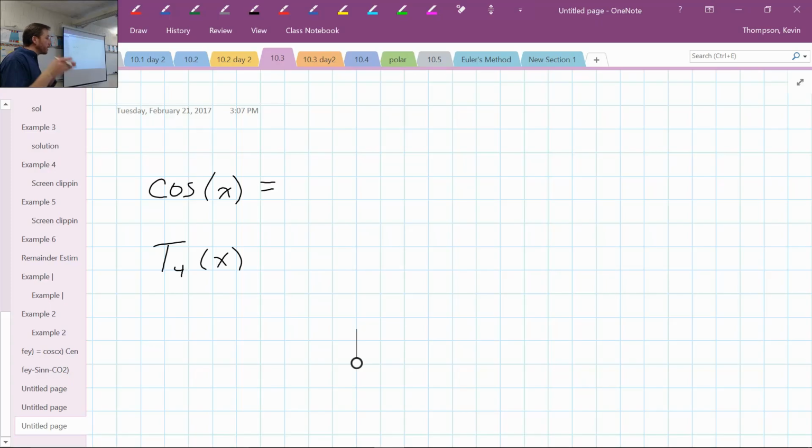The degree is what you have to pay attention to. Some of the terms may be 0. Through x to the 4th, not 4 terms, because degree 4 would always be 5 terms, but some of them may be 0 in the case of sine and cosine.